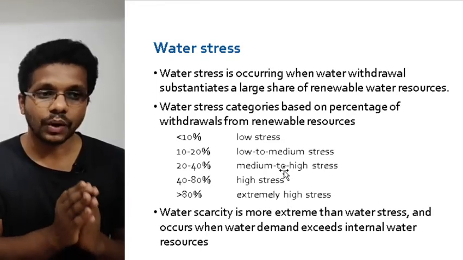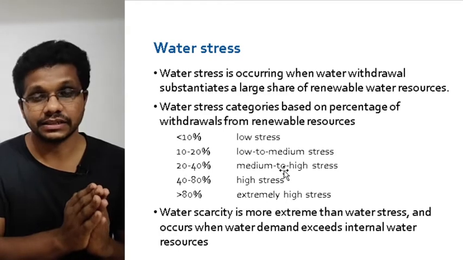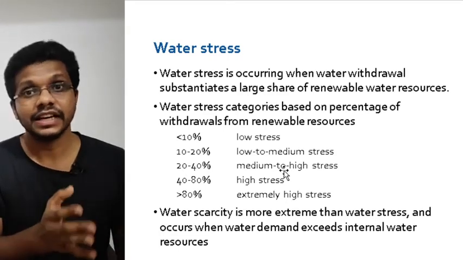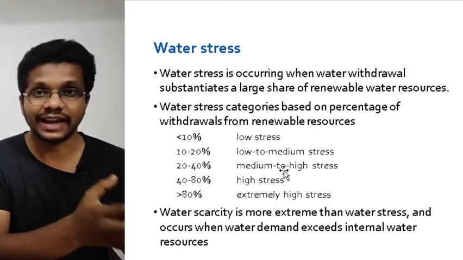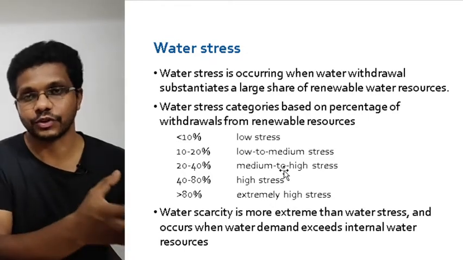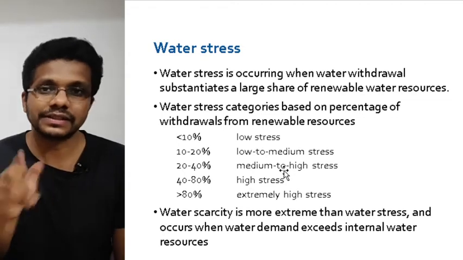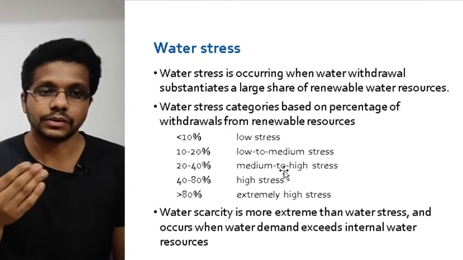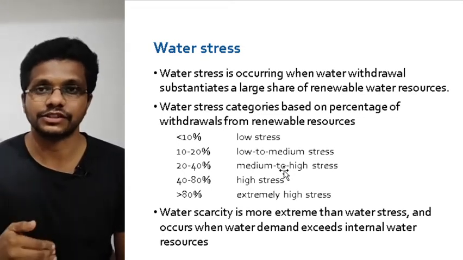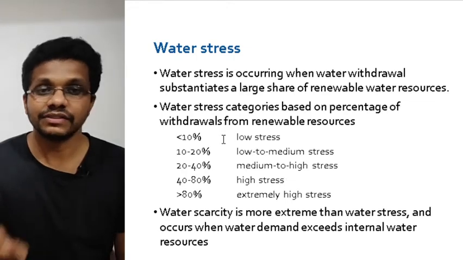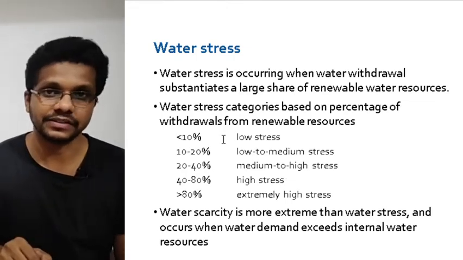So water stress can be represented as the amount of water we are actually withdrawing from the reservoir or from the source. If you are withdrawing only 10 percent of the capacity of the water resource, we say it is a very low stress scenario.